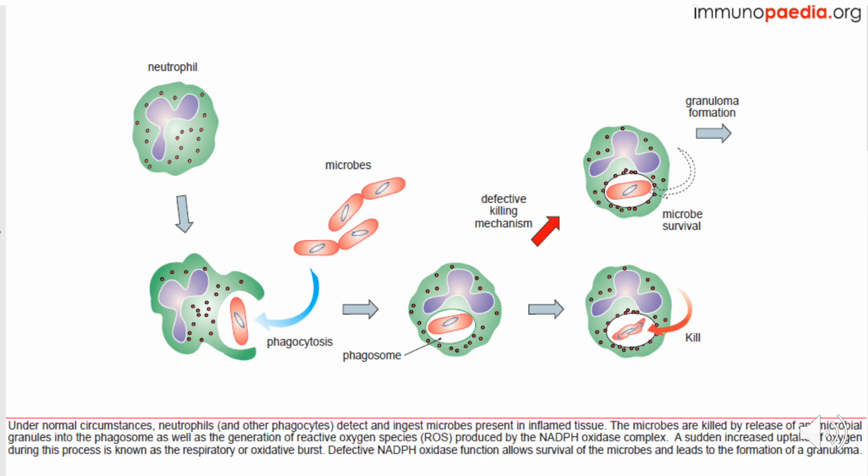We have here in this picture a group of aerobic bacteria. One of them is engulfed by the phagocyte. If the phagocyte has all the subunits of the NADPH oxidase complex, then that phagocyte can generate toxic oxygen radicals and kill the microorganism. But in phagocytes with missing subunits of the NADPH oxidase, killing is not possible, and that will lead to granuloma formation. How?